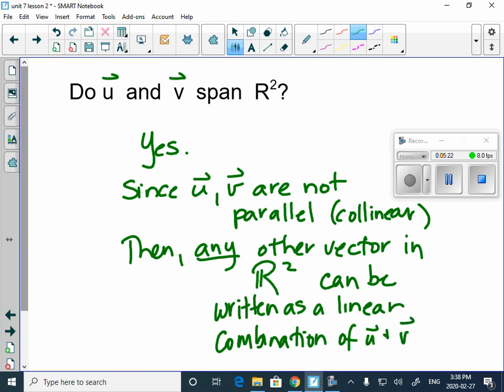Any two non-parallel vectors in 2-space span 2-space.